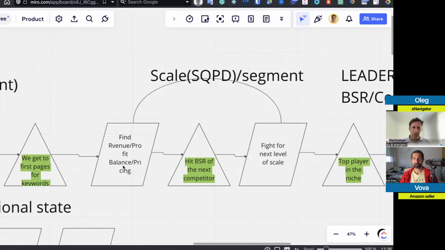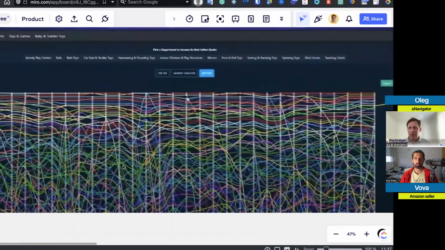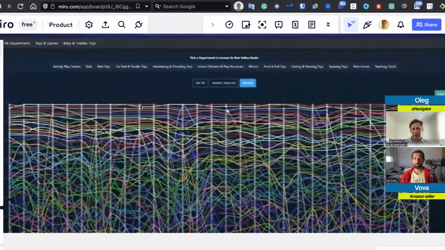At this stage, I want to show what we call a spaghetti chart. The main idea: for example, this is the keyword barbecue grill brush, and every line is an ASIN. This is organic position number 1, organic position number 2, organic position 25, organic position page 3, and so on.